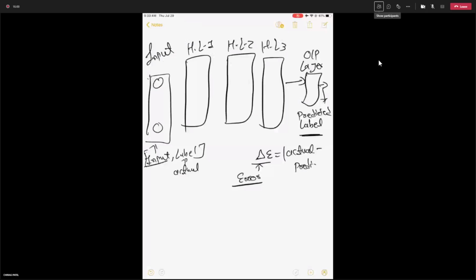You give some input with the label, and your neural network, with whatever random weights and bias you initialized, predicts one value. If you find the difference between the actual label of that class and the predicted label, you can find how much error you have. Once you find the error, you need to backpropagate it. Backpropagate means you now update the weights and bias of each and every neuron in each hidden layer.